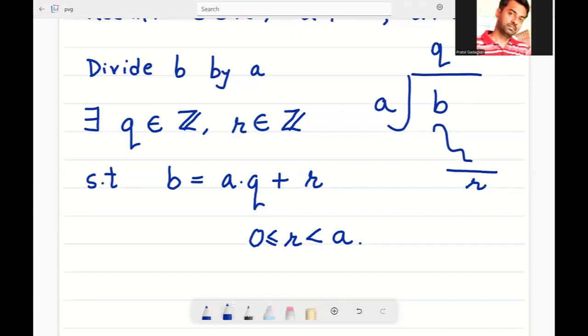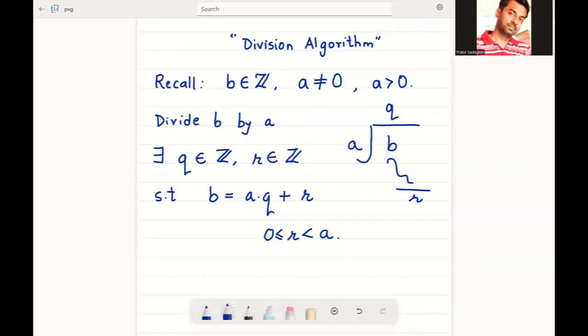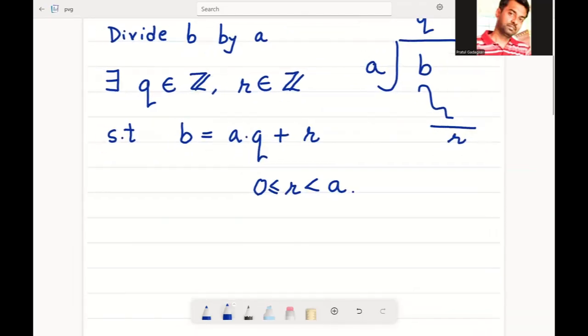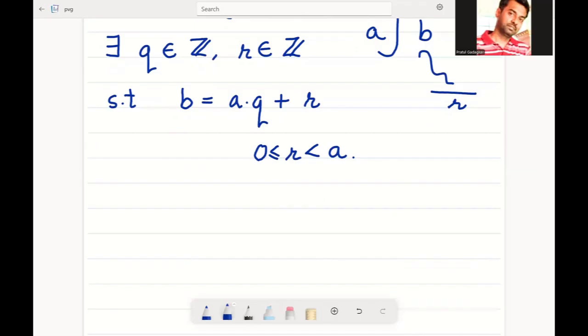Now, using this division algorithm, we can actually prove that every integer is either an even integer or an odd integer. So we all know what is meant by an even integer. Even integer is a number which is 2 into some integer k, where k is an integer.